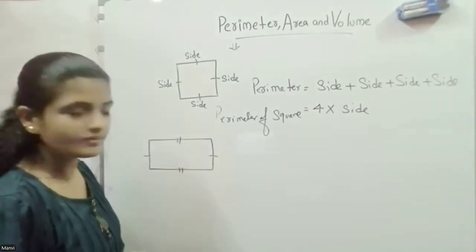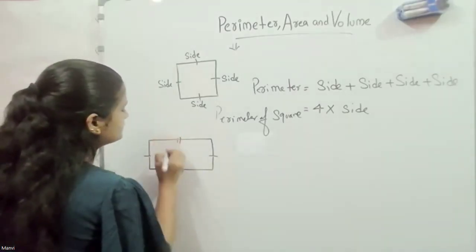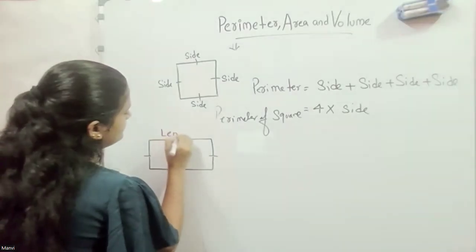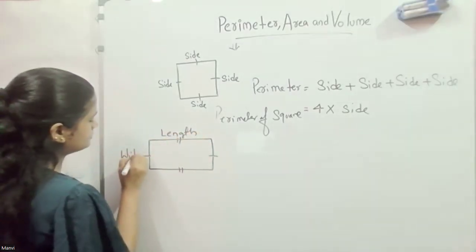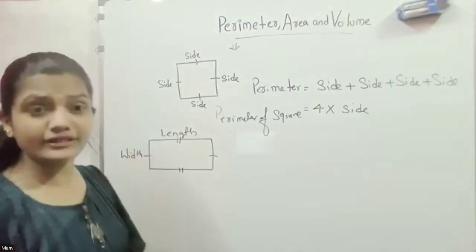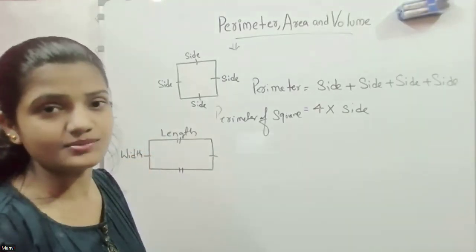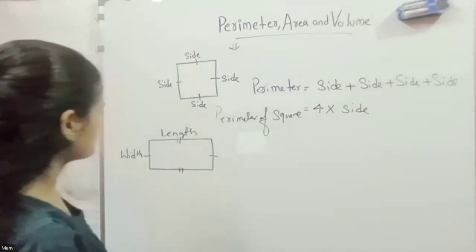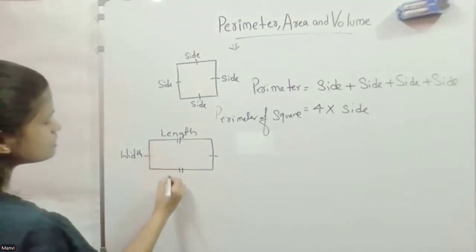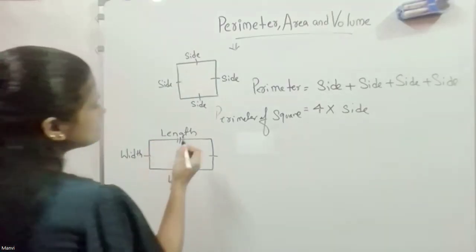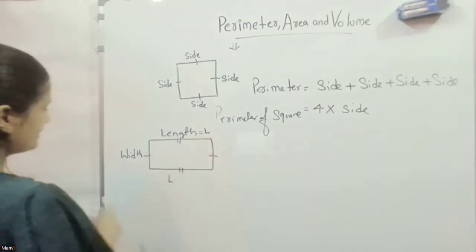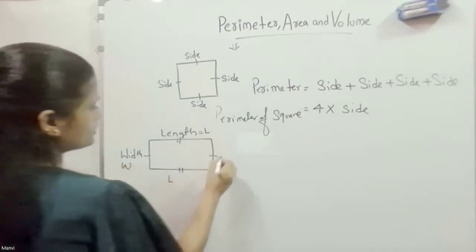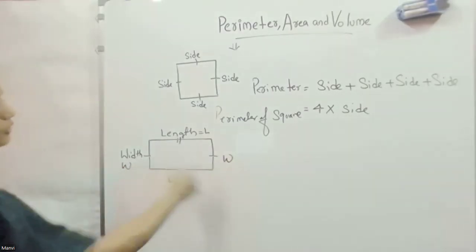We can say this one is length, and this one is width, or breadth. So if this is length, this is also length, and we can simply denote it as L. And if this is W, this one is also W because both are the same.